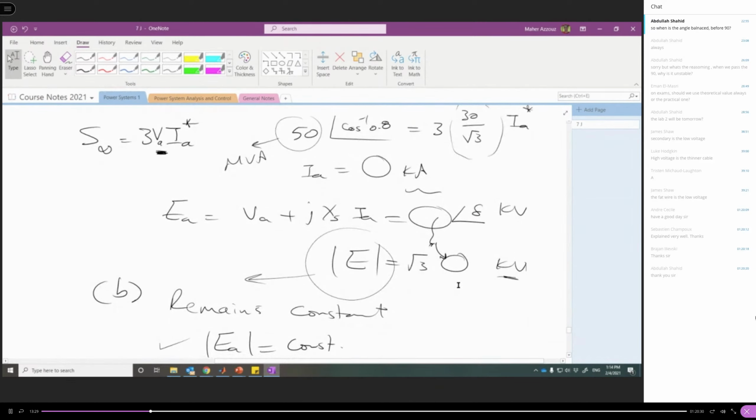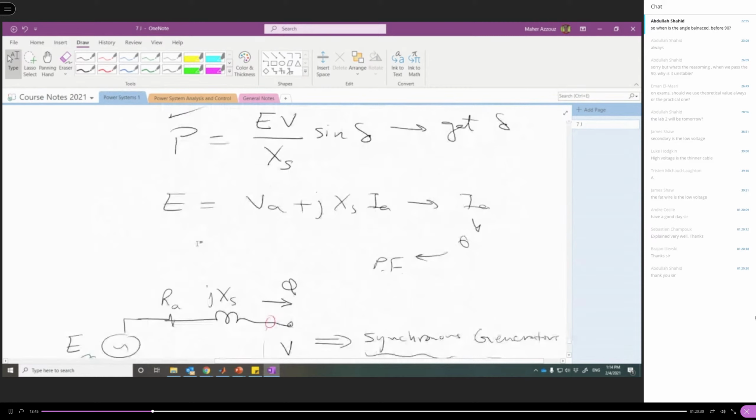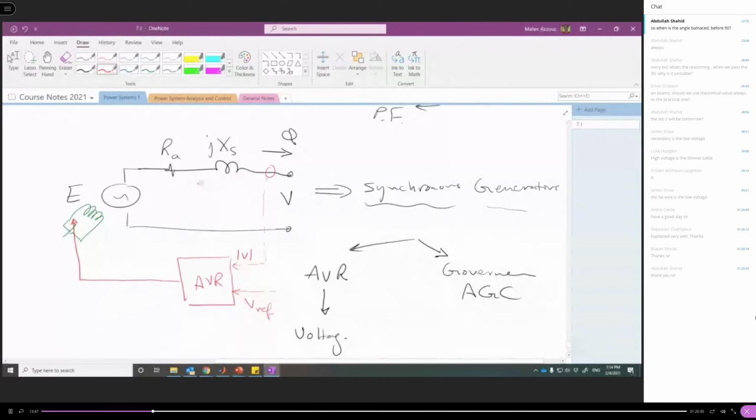Okay. Now this excitation voltage, as we know, is proportional to the excitation current or the field current of the rotor. What is this field current? We know that the rotor has, if we go back here, the rotor is supplied by a DC source, and this DC source generates, let's call it E_F.